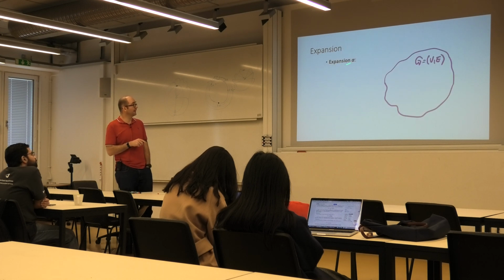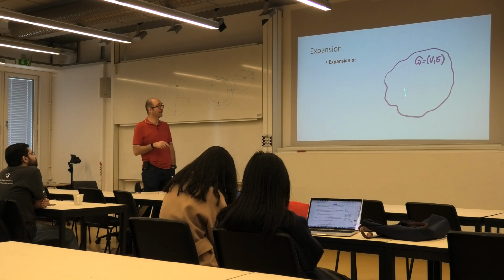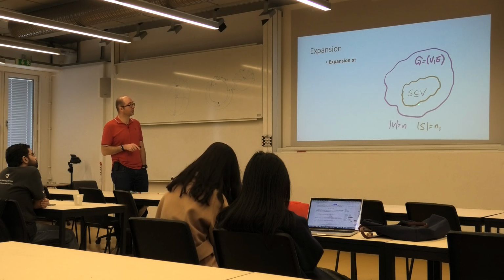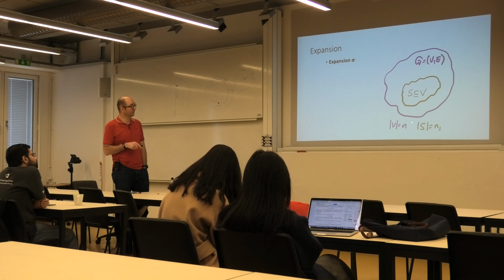Then you can define the expansion alpha of a graph G. Given any subset S, we measure its cardinality, call it NS, with the overall number of nodes being N. We measure how many cuts we need to make in order to isolate this subset, and we call it CS.